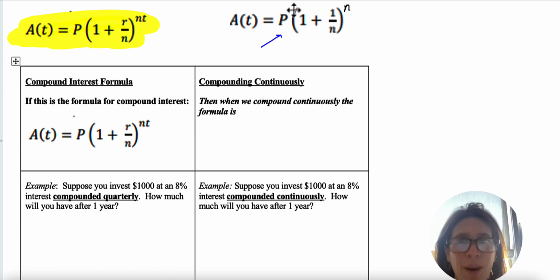This was how we came up with what the natural number is, 2.718. And we said as n was getting progressively bigger, this whole expression was evaluating to the value of e. And that was when we let p equal 1. Well, what if we just let it equal p?